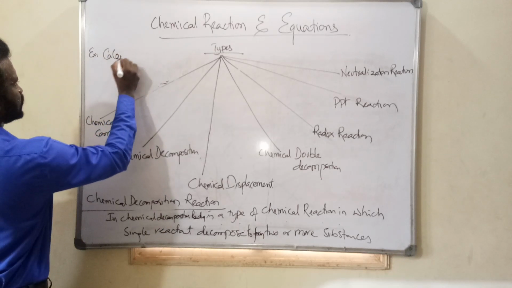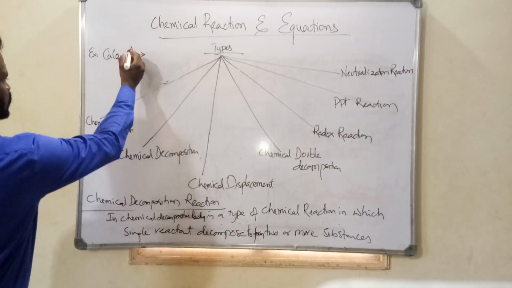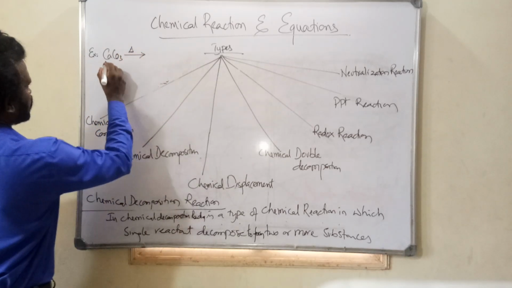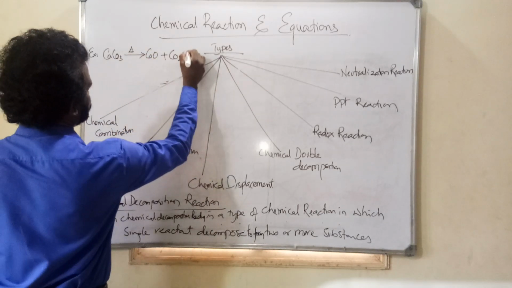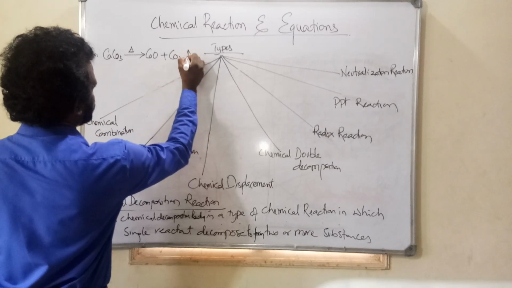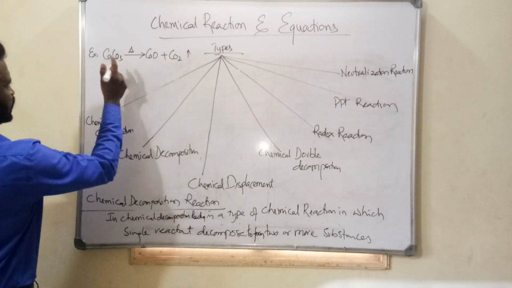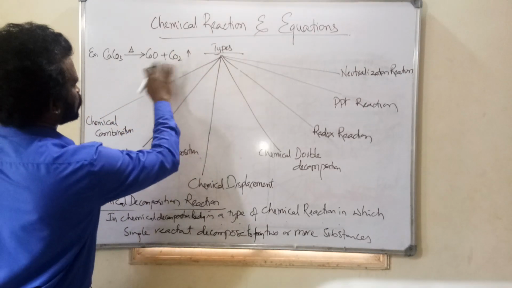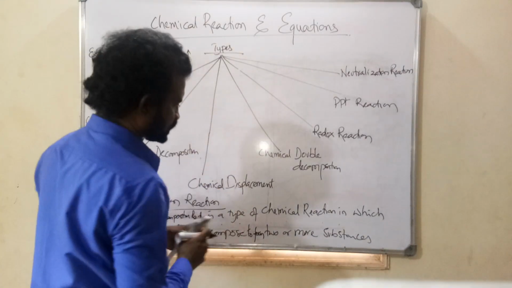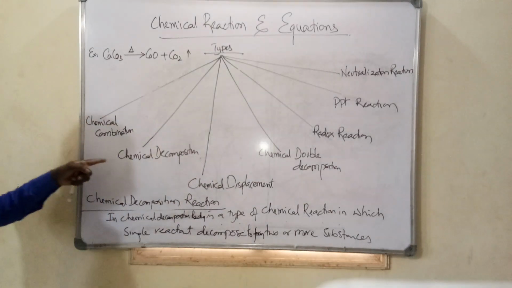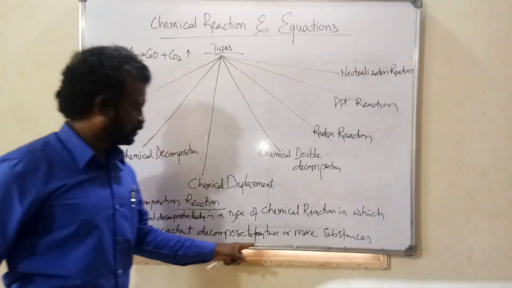Calcium carbonate on heating, this triangle indicates heating, gives calcium oxide plus carbon dioxide. The carbon dioxide is a gas that escapes. So a single reactant gives rise to two products. Two or more products. In this case, it's two products. Is it clear?